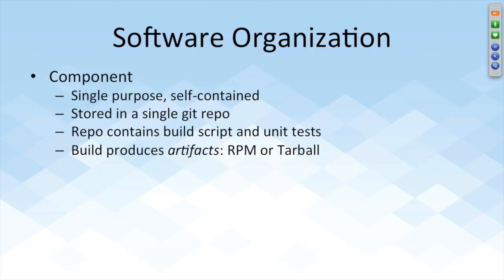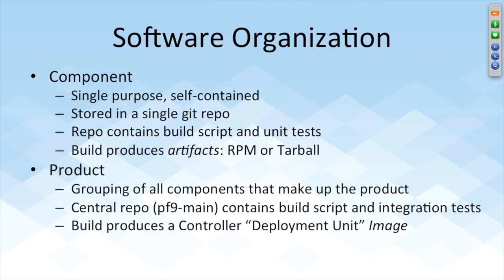Now, the overall product is really a grouping of all of those components. And since the collection of those RPMs and tarballs are eventually going to end up in something that will run as a cloud instance or a cloud virtual machine, the most logical way for us to package the product is this image, this cloud image, and we'll talk about how we build it.